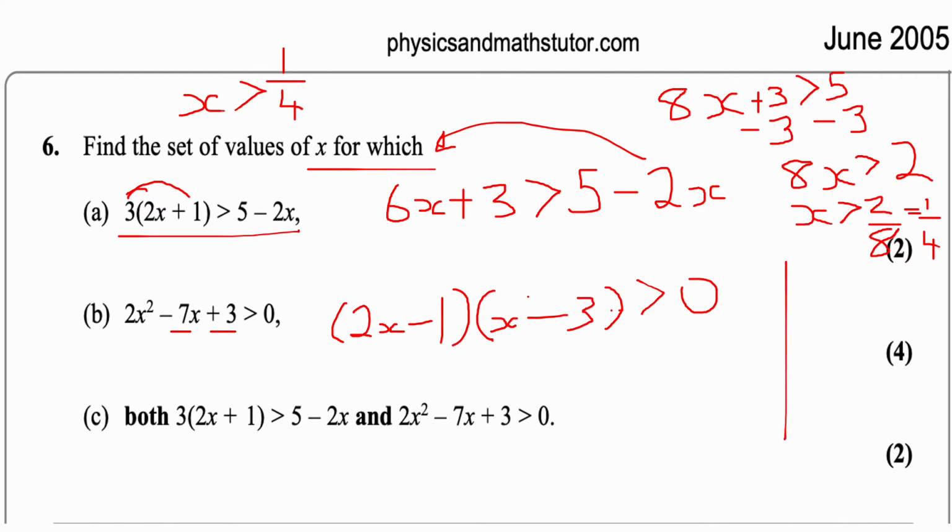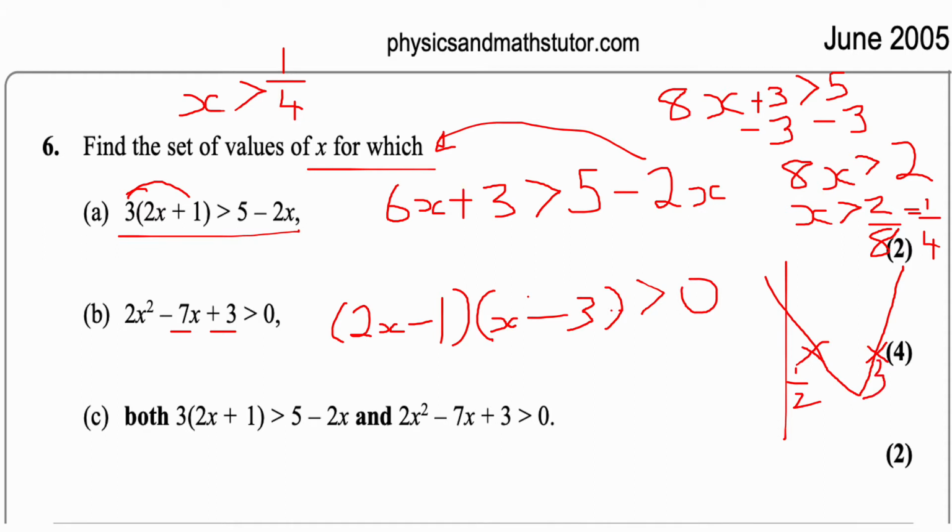Now, I'm going to sketch the quadratic curve. My solutions would be 1/2 and 3. So it's going to look something like this, as a rough sketch. So my solutions are 1/2, or 0.5, and 3.